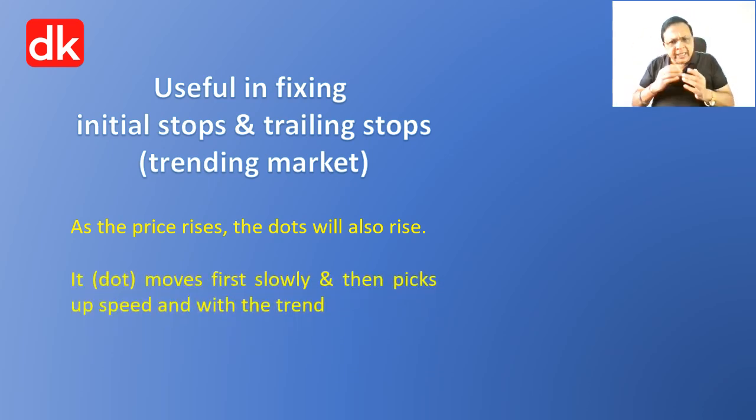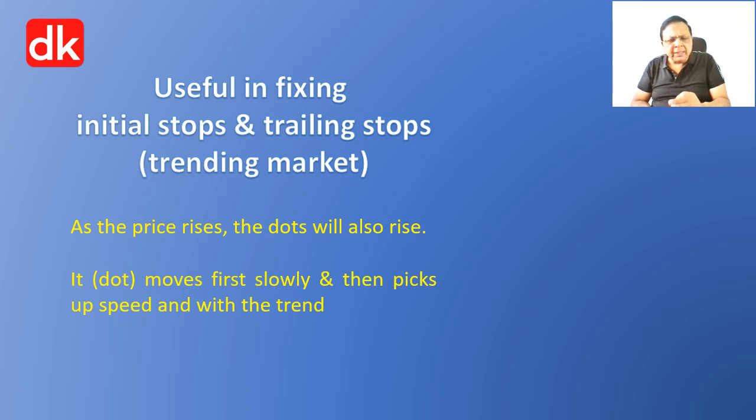And friends, initially when the trend reversal is there, the first dot appears below the price candle, which means up till now, whether on a short-term basis, intermediate basis or a long-term basis, there was a downtrend prevailing.